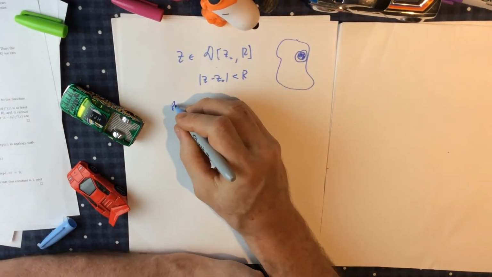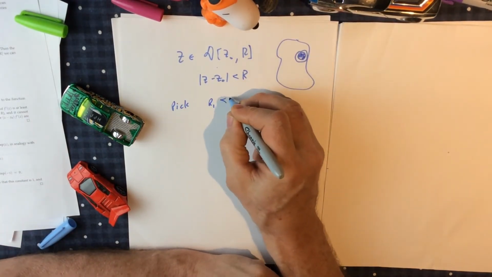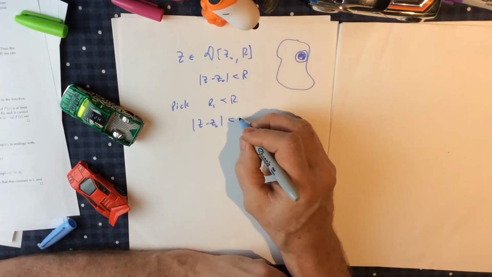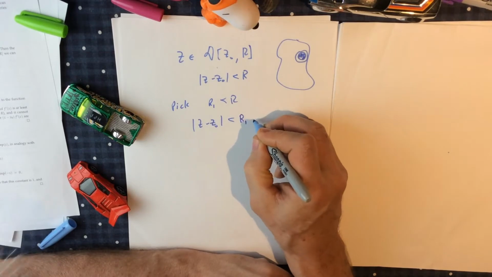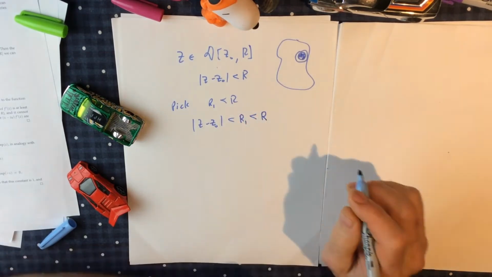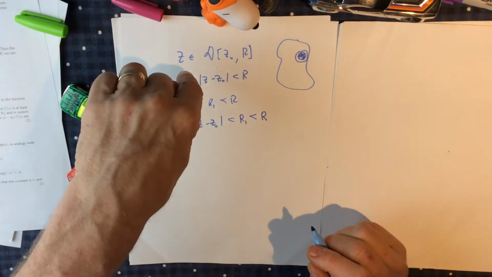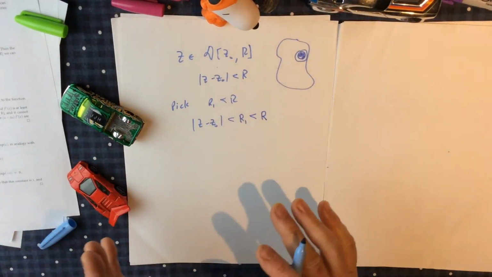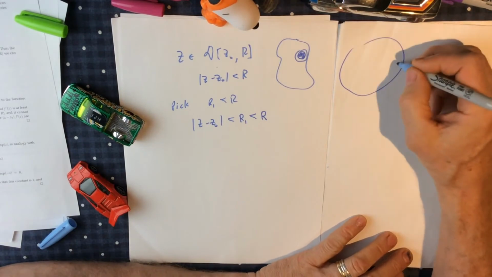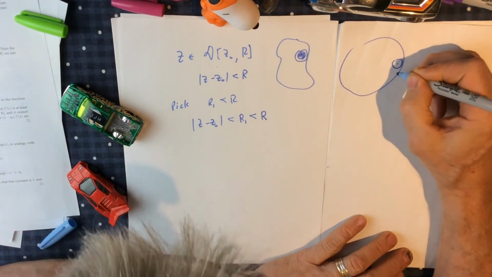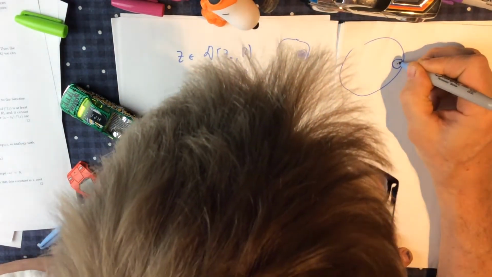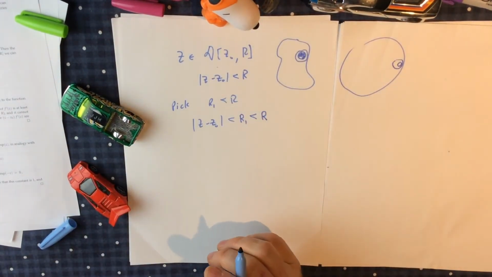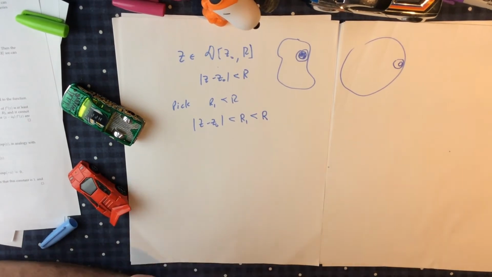So let's pick an r1 smaller than r, so we have z minus z naught is less than r1, which is strictly less than r. Now, why can we do it? Because we're not equal to r, so when you pick something, this is that topological idea, remember? There's always a disk that gives us space, and since we're not on the edge of the disk, then there's another disk. This is what we're doing.